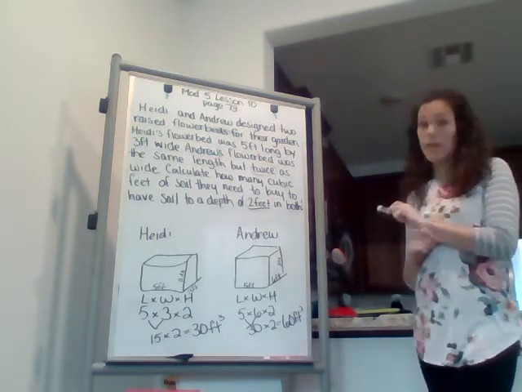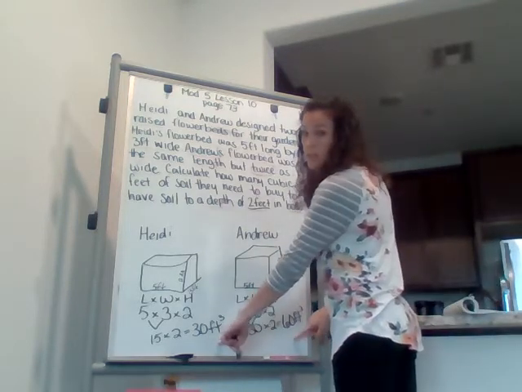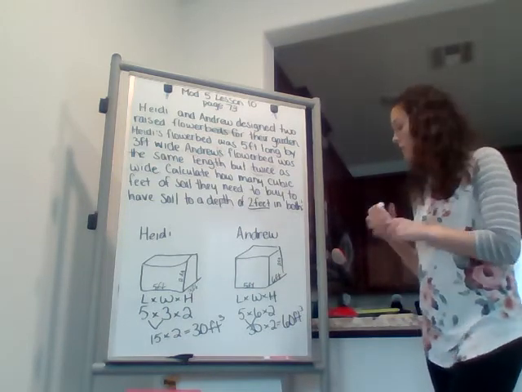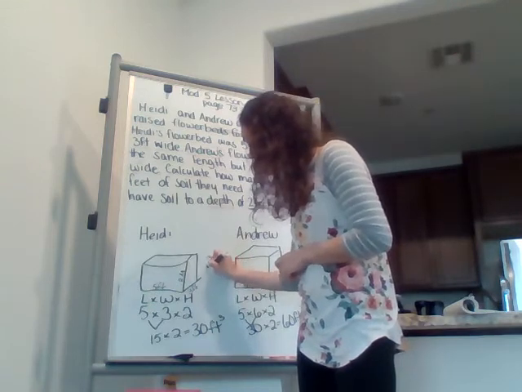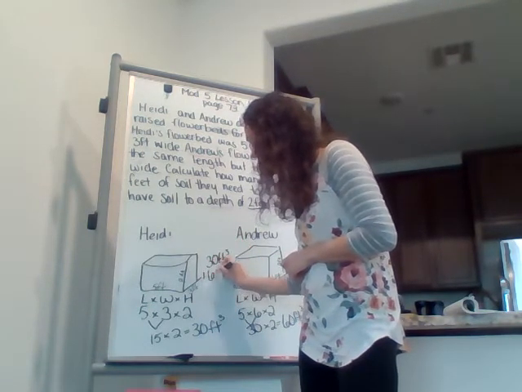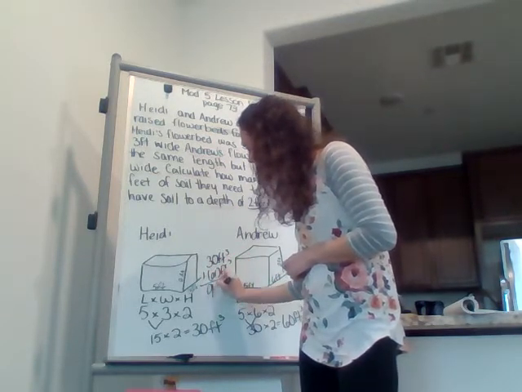And that step is that we need to add our volumes together because we need to make it one number to know how much soil we need to buy. So that is a simple problem of 30 feet cubed plus 60 feet cubed, and we all know that's 90 feet cubed.